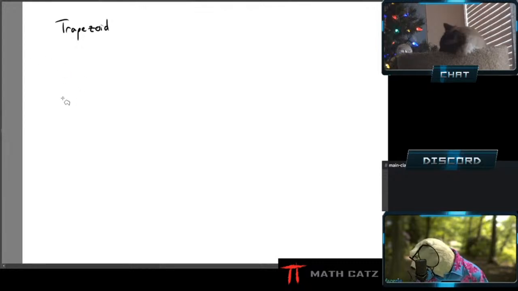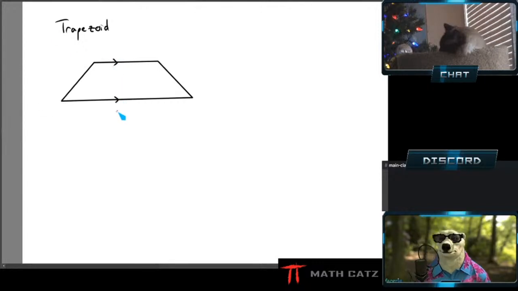Oops, not a square. Remember the trapezoid has two parallel sides, right? They might not look parallel, but that is my intention. It doesn't have to be isosceles. These other two sides don't have to be the same length or anything. Trapezoid.